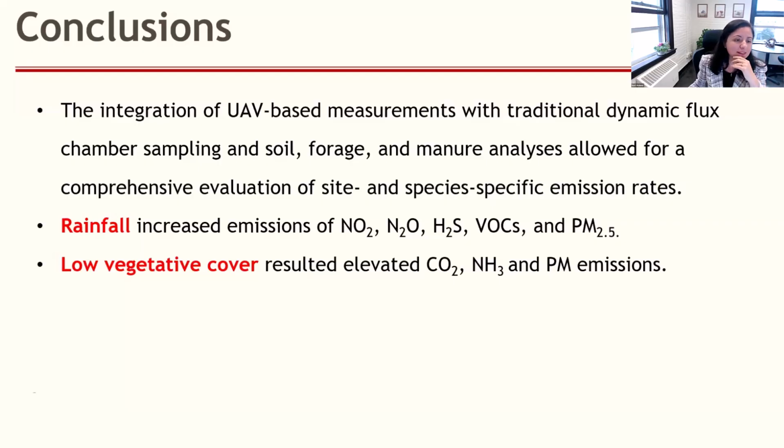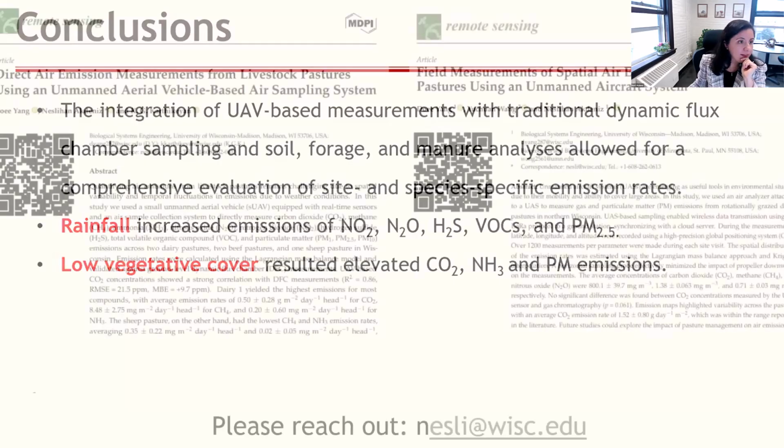We cannot put that in that order. But what I can say is rainfall increased our emissions. It affected N2O, H2S, VOC and PM2.5, but it affected PM2.5 in a positive way. And low vegetative cover resulted in elevated CO2, ammonia, and PM emissions.